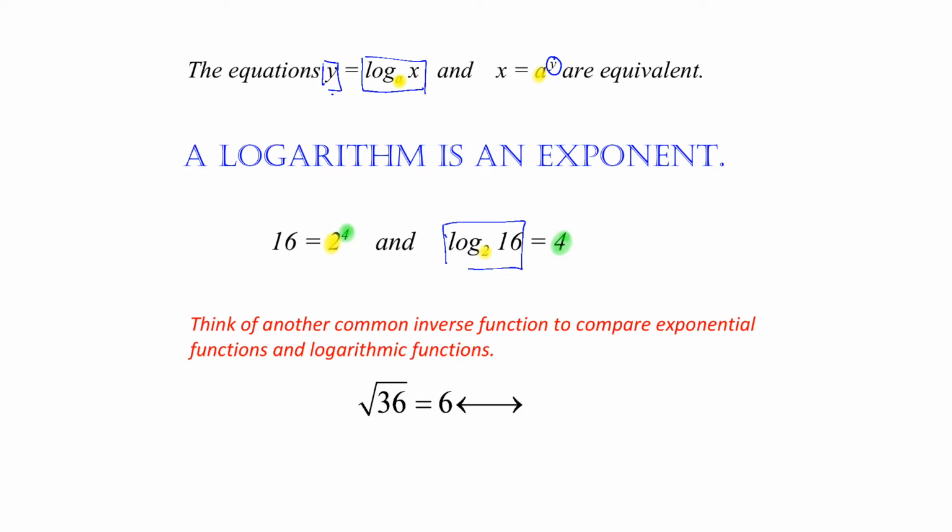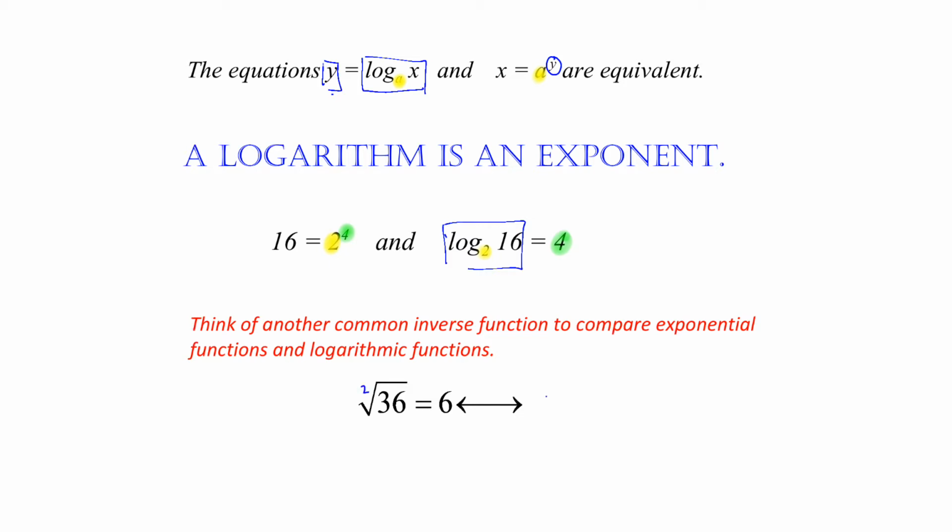Think of another common inverse function that we know. All right, square root of 36 is 6. How do you rewrite that using its inverse? I want you to pause and think about this for a second. How do you take the square root of 36 equals 6 and rewrite it using its inverse? All right, hopefully you took a second to do that. Square root of 36, remember the index is 2.